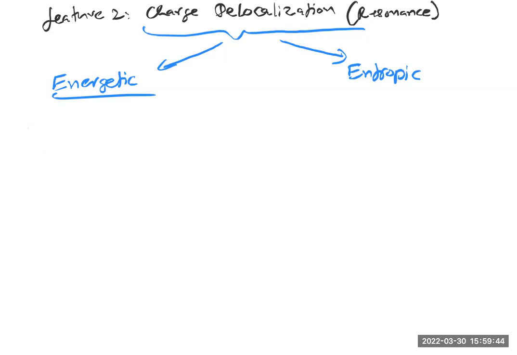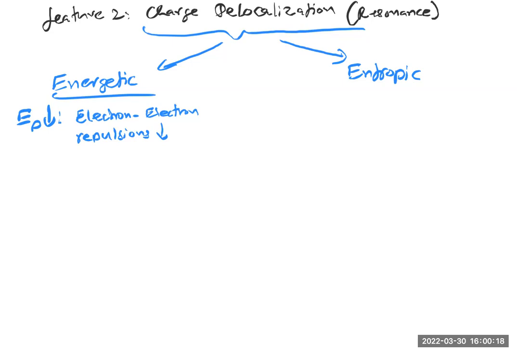The potential energy decreases. Why? Mainly because the electron repulsions are decreased, and that brings down the potential energy.